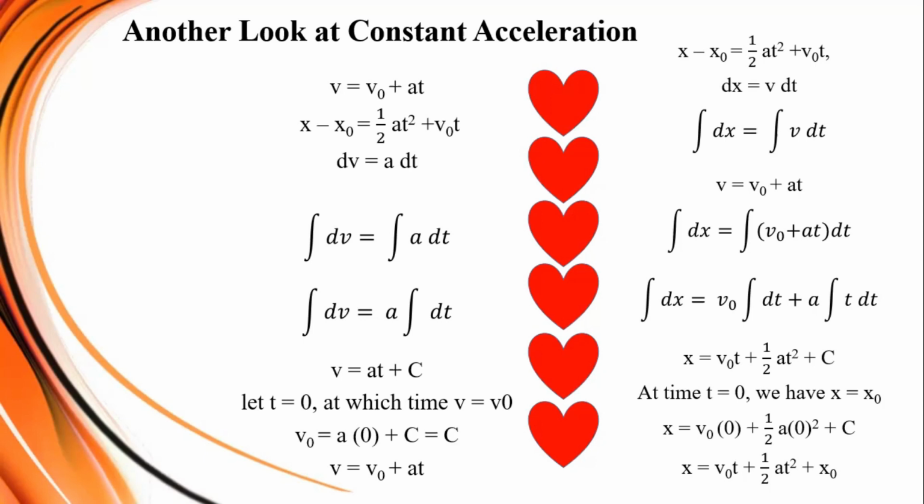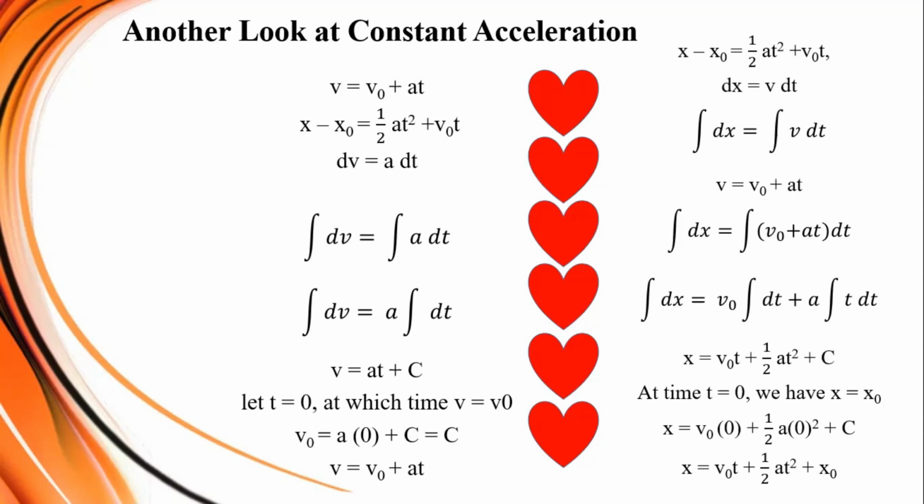We next write the indefinite integral, or antiderivative, of both sides. Integral of dv is equal to integral of a dt. Since acceleration a is a constant, it can be taken outside the integration. We obtain integral of dv is equal to a integral of dt, and then we will have v is equal to at plus c.